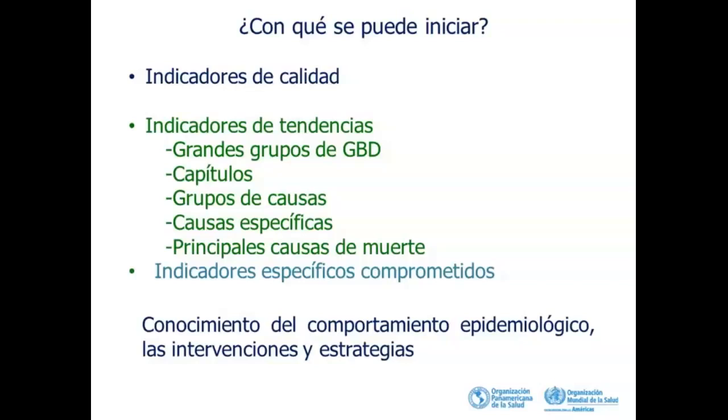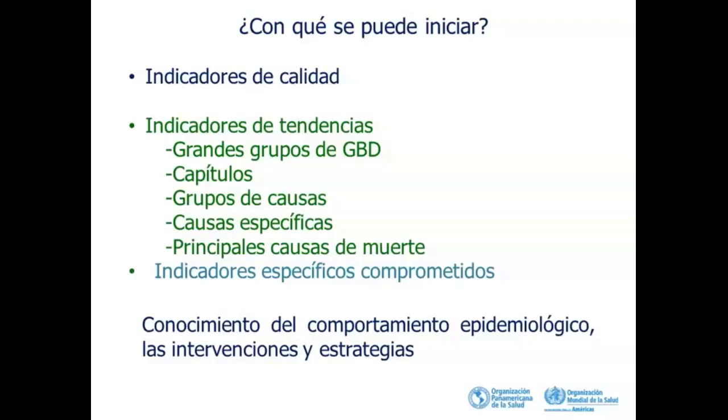That would be something specific and of high importance. We need to begin with that type of analysis, then a chapter analysis, which is, of course, key, by cause group, by specific cause, and without a doubt by main causes of death, which are actually the ones presented to the minister, the undersecretary, and the 10 main causes and the movement and competition of them.